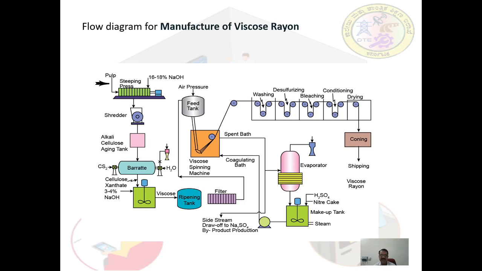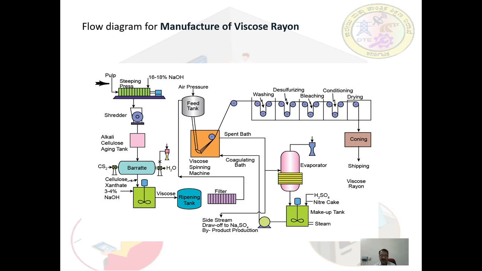The spinning is carried out in extrusion spinnerets, which are made up of platinum or gold alloy. The orifices of these spinnerets have a diameter of 0.1 to 0.2 mm for continuous filament yarn and a diameter of 0.05 to 0.1 mm for short fiber shapes.